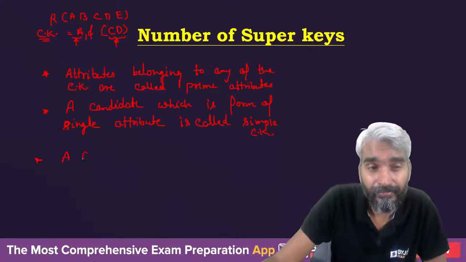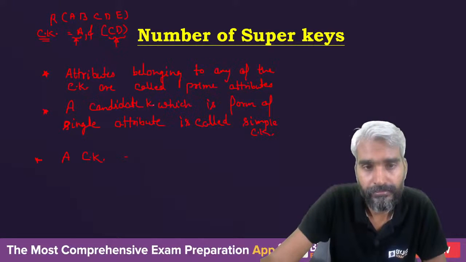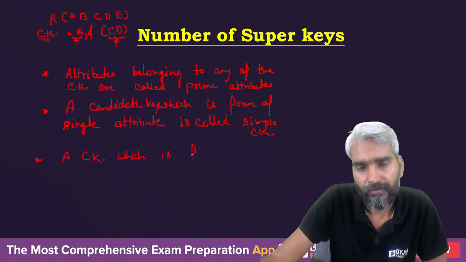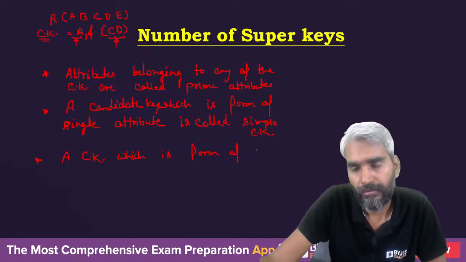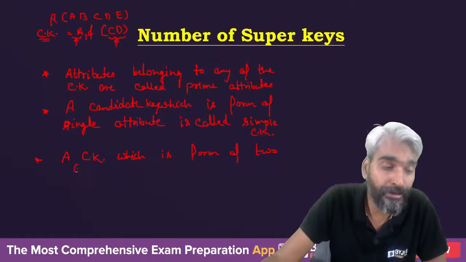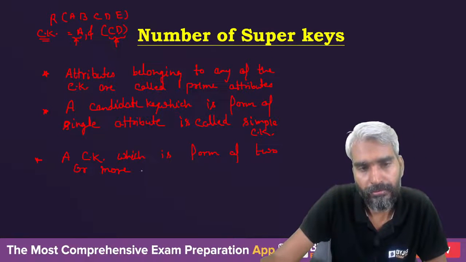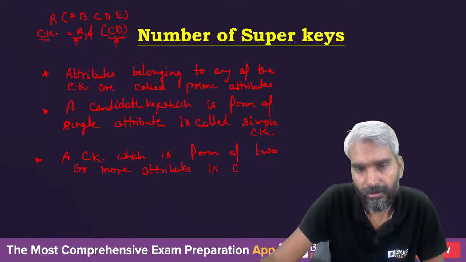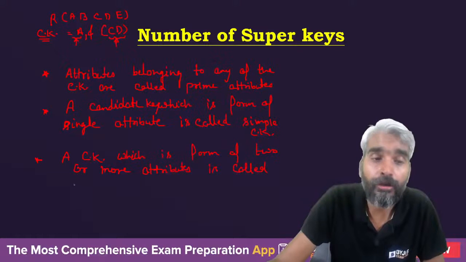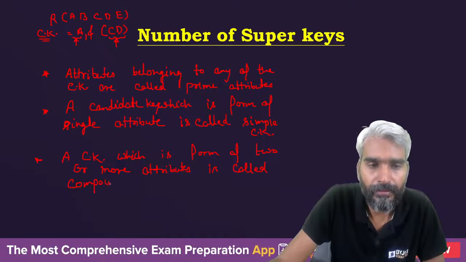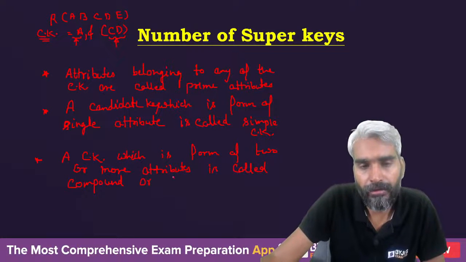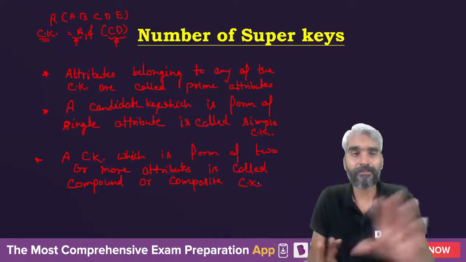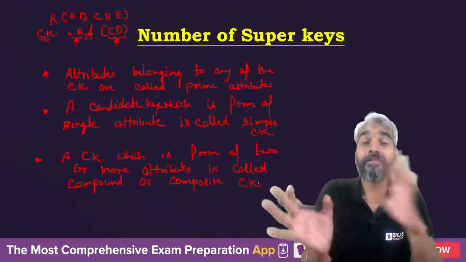A candidate key which is formed of two or more attributes is called a compound or composite candidate key. So these are some other things related to the definition of candidate key.